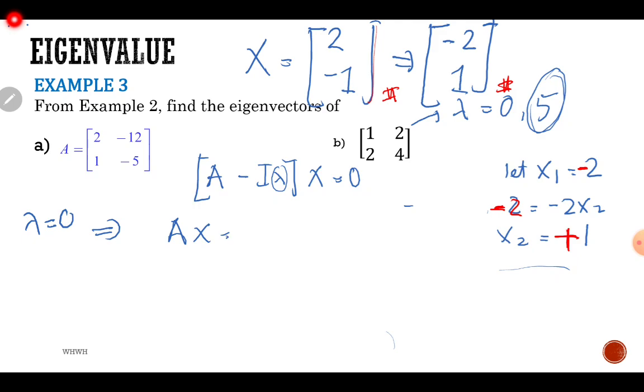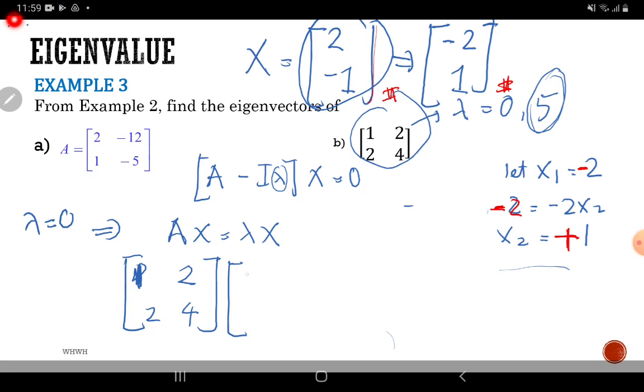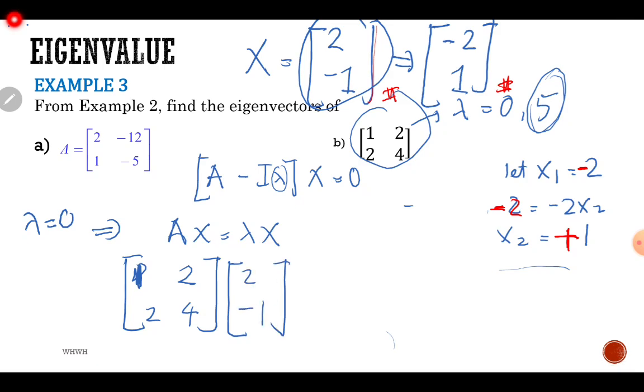AX equals to lambda X. So our A is equals to 1 2 2 4 darab dengan kita punya matrix X. Saya pilih yang ni lah. Okey, 2 negatif 1 sama dengan lambda kita kosong, X kita 2 negatif 1. So this one definitely you akan dapat kosong kosong.